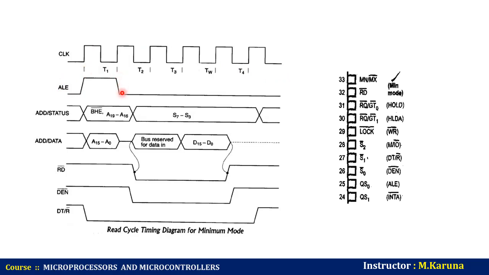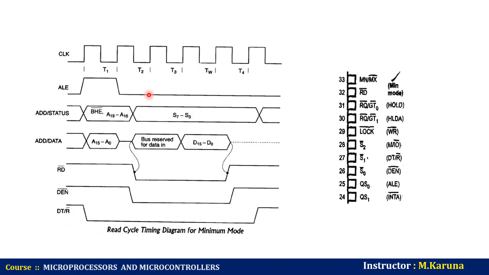Before the trailing edge of the ALE signal, BHE, M/IO, DEN, and DT/R should be stable. At the trailing edge of the ALE signal, the 8282 latches the address during the T1 cycle.